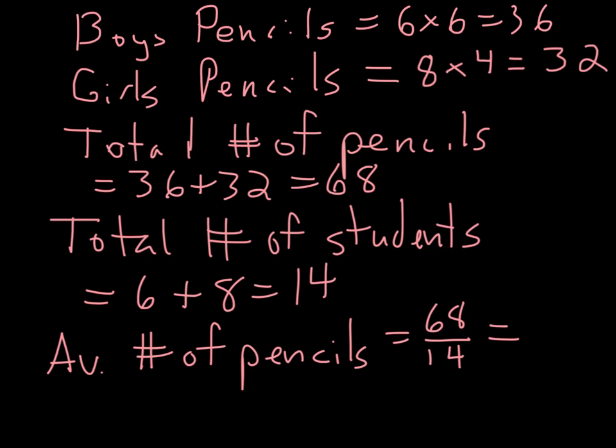And if we calculate that, we find it is around 4.86. So on average, each student has 4.86 pencils. And remember, an average doesn't have to be a number that can occur. You kind of can't have 0.86 of a pencil, but it's just a number that gives an idea of how many pencils each student has.